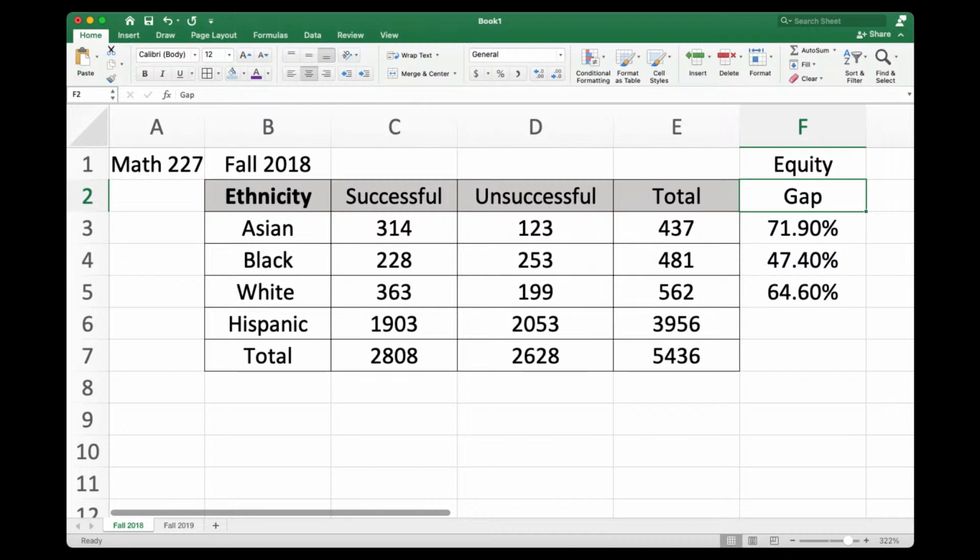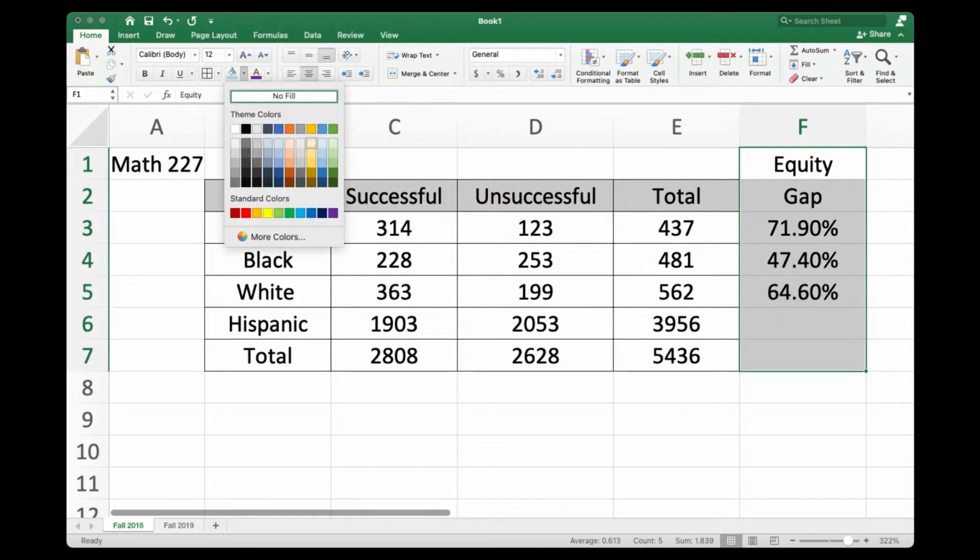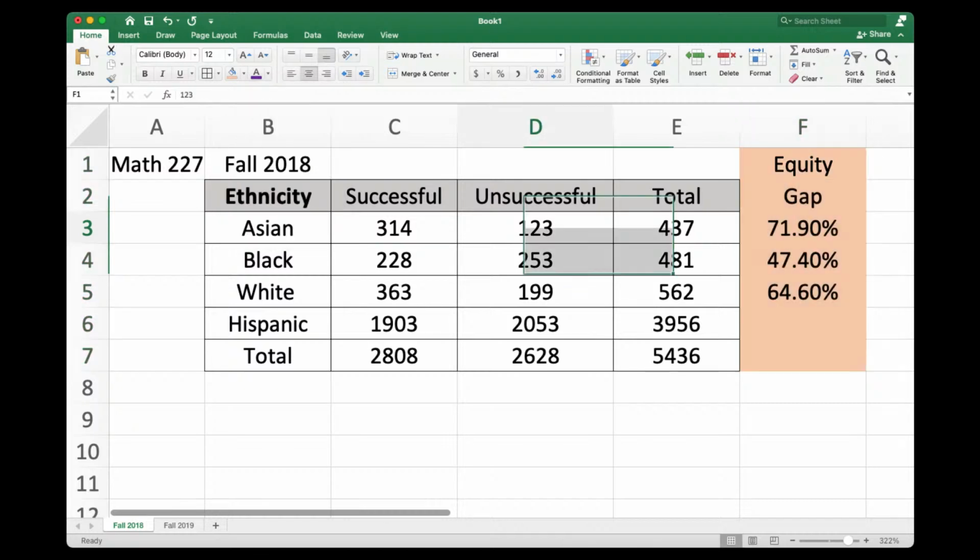Okay, you guys with me on that? So these are called equity gaps. Maybe we'll give that a special color. What color should we use? Orange? What should we do now? Let's look at the Hispanic group. Okay, these are equity gaps.